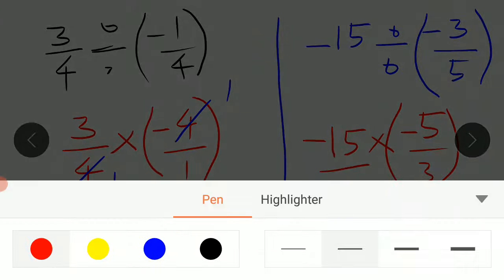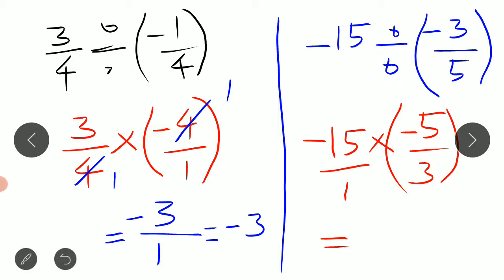Then check whether there is any numerator and denominator having a common factor. Here the numerator 5 and denominator have no same factor. But if we take this pair, 15 and 3, both have the common factor 3. Both come in the 3 table, so we can simplify by 3. 3 ones are 3, 3 fives are 15.